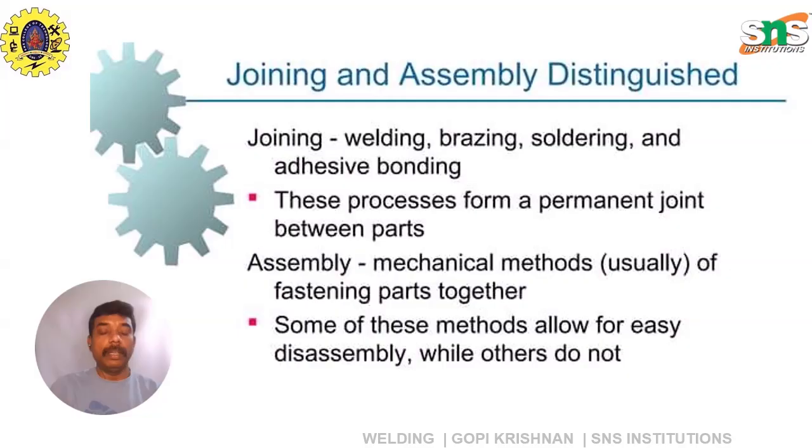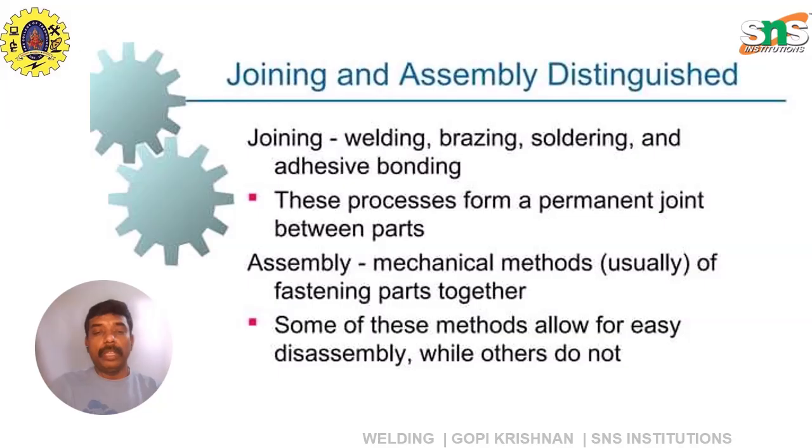For example, if you want to create an assembly between a bolt and a nut, we have to move the parts together, and by means of the screw threads available over the surfaces of the bolt and nut, the assembly can be formed. In this case, the bolt and nut can be separated or added together depending upon the conditions we require in the applications.